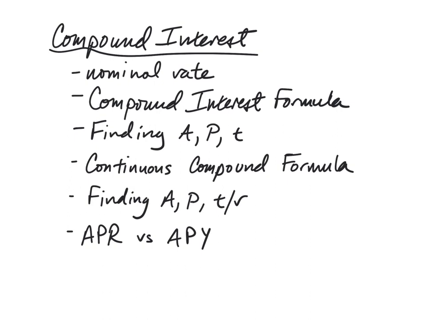Then I'll hop over into the compound interest formula and how to find A, P, and T using the compound interest formula. Then I'll hop over into the continuous compound formula where I will find A, P, T, and R. And then lastly, we will talk about annual percentage rate versus annual percentage yield.